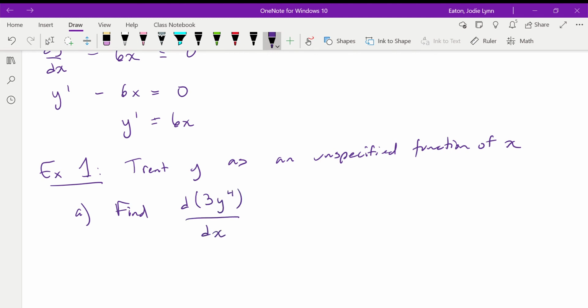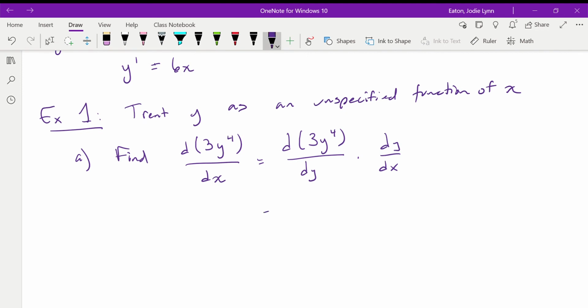We're now going to apply the chain rule to this problem. Applying the chain rule is really key to any implicit differentiation problem. So this is the derivative of 3y to the fourth with respect to y times dy/dx. That is going to be equal to 12y cubed times y prime.